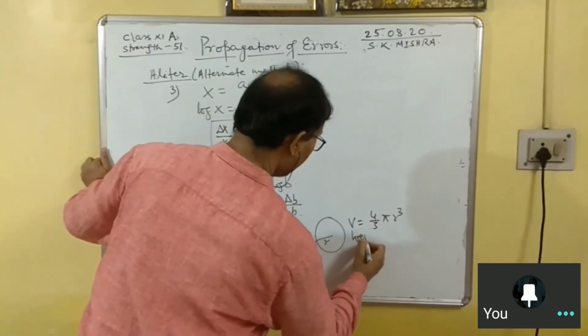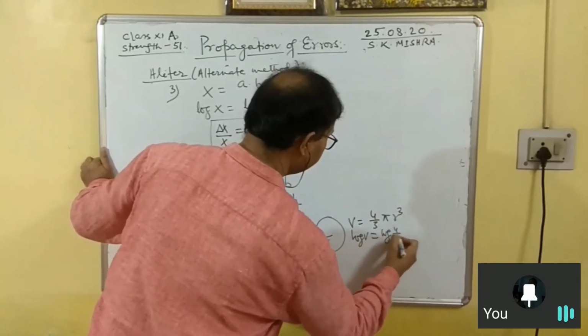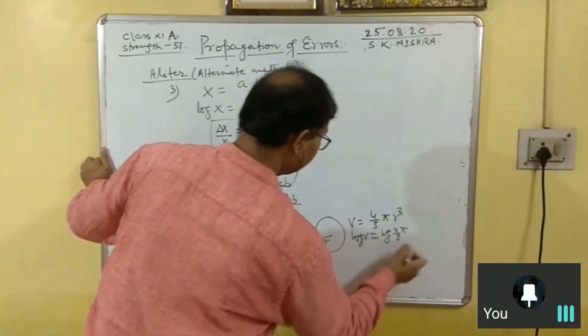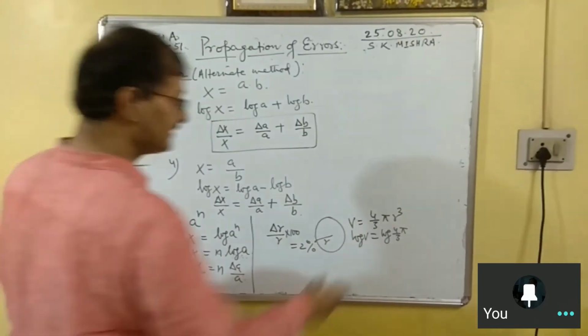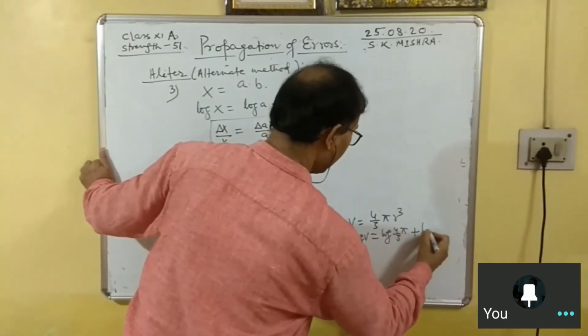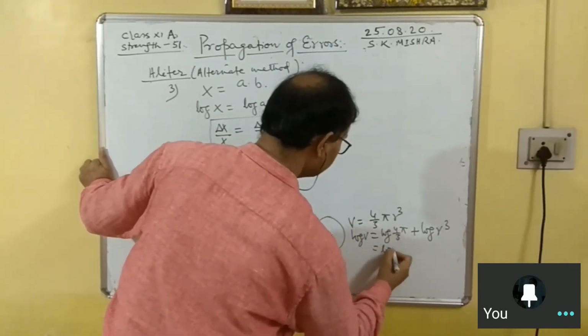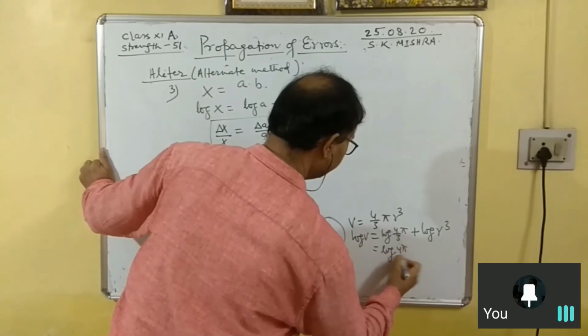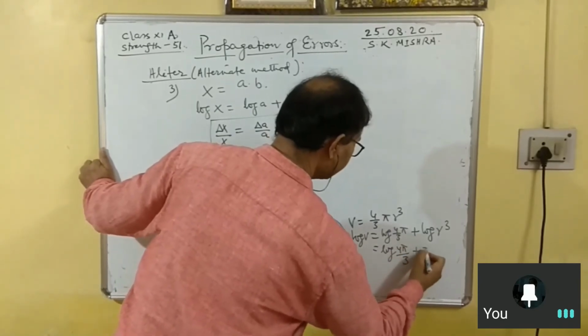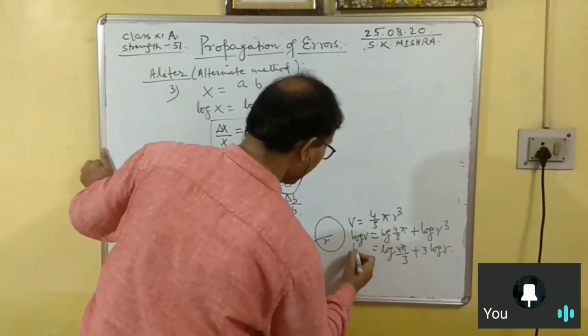Taking log of LHS and RHS, this is log of 4 by 3 pi. Remember, 4 by 3 pi is a number, a constant quantity, plus log r cube. So this is log 4 pi by 3 plus 3 log r. This is log V.